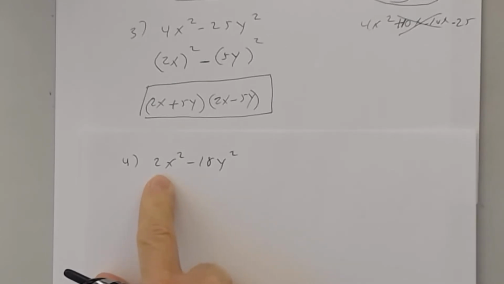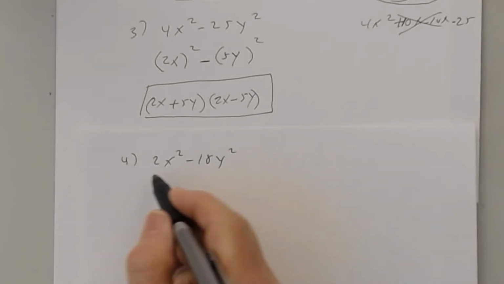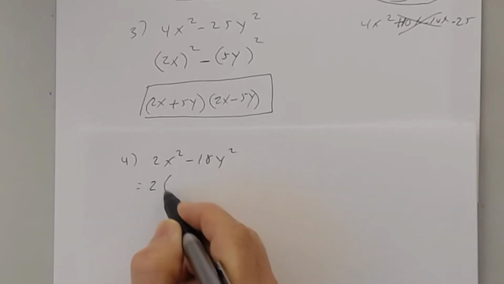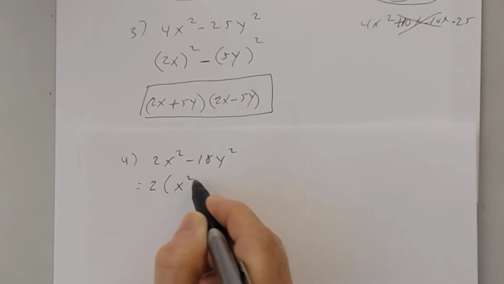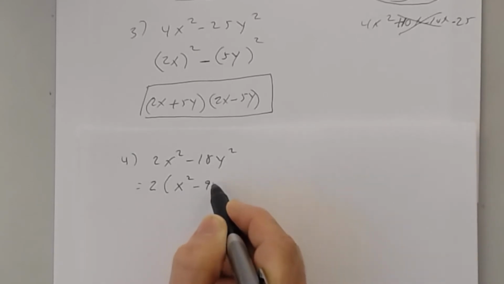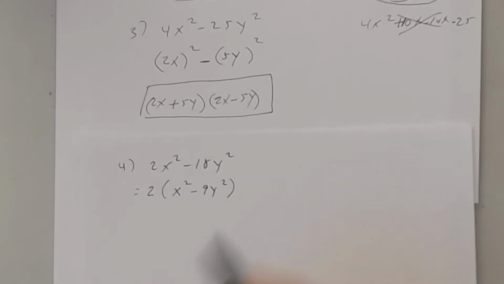Yeah, 2 is not a perfect square, right? Remember, your perfect squares are 1, 4, 9, 16, and so on. 18 is not a perfect square, so you know something's wrong. So you have to do what first? GCF. What's the GCF? 2. So this becomes 2 times x squared minus 9y squared, right?